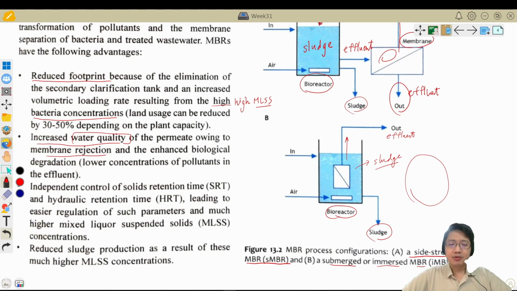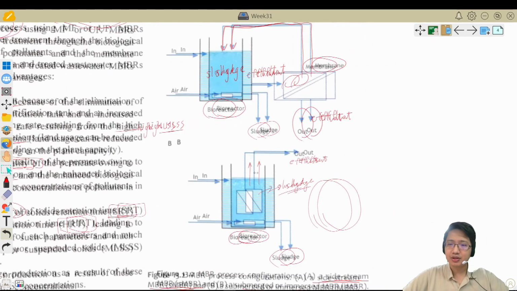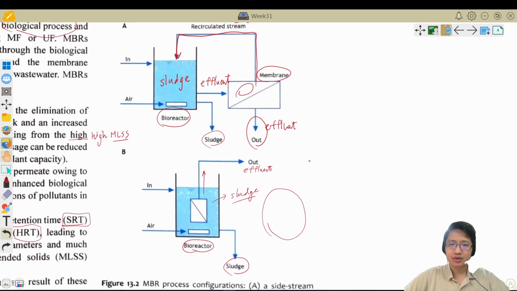And the most important advantage of the development of MBR is that you can easily control your solid retention time, the SRT, and the hydraulic retention time independently. That is because of the flow stream here.